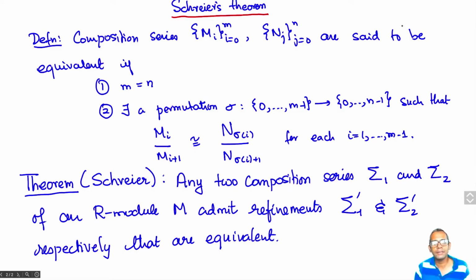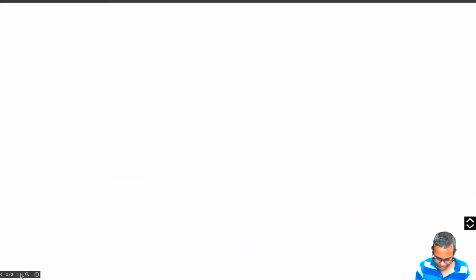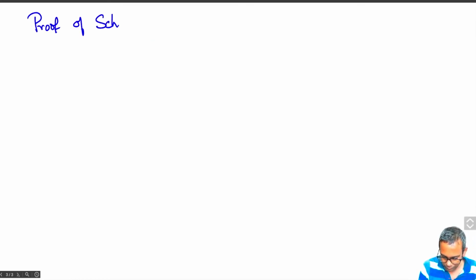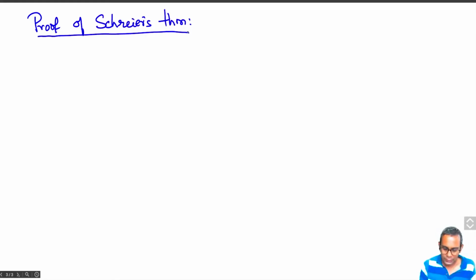The proof of Schreier's theorem rests upon a very simple idea. So let me explain the idea to you. Firstly, let's give these composition series names.